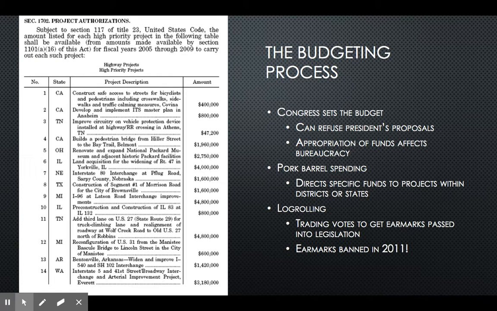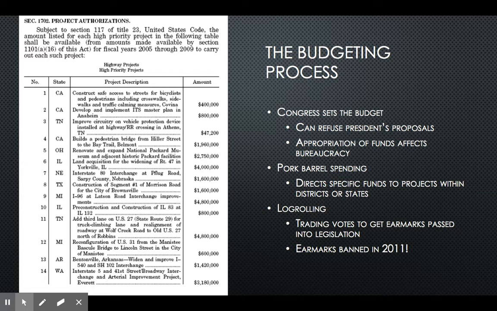This is also going to bring in the idea of pork barrel spending, okay? And this is defined as directing specific funds to projects within districts or states. And this is done through earmarks, which are just add-ons to pieces of legislation. Okay, so it's when funds are directed for a very specific purpose.